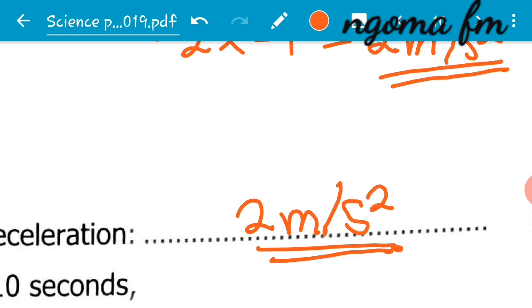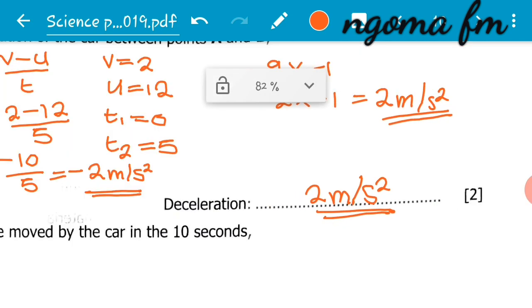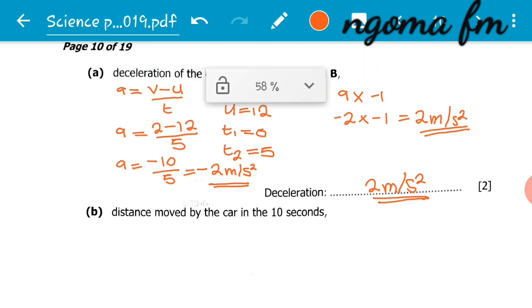So we've just finished the first part of the question, and that is how we find the deceleration. Now, people will say, all this for just 2 marks. Yeah, you need to put in a little bit more effort to earn the 2 marks. A -2 meters per second will not score the 2 marks. That is for sure. All right.